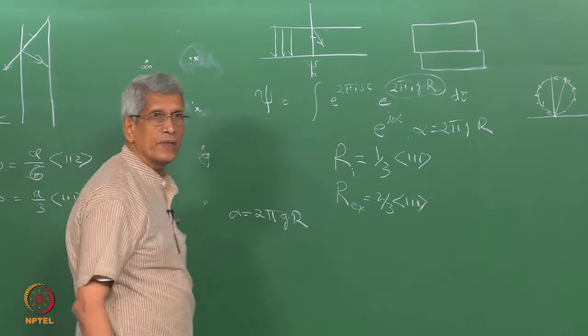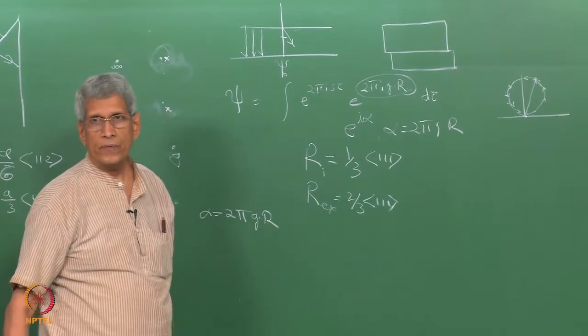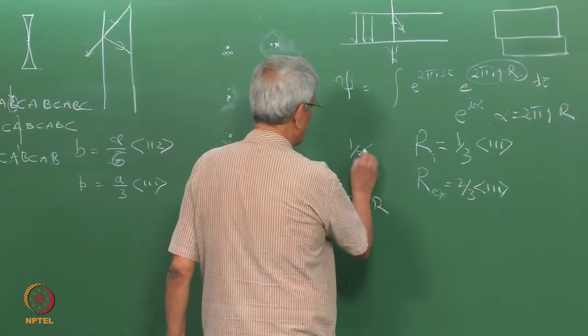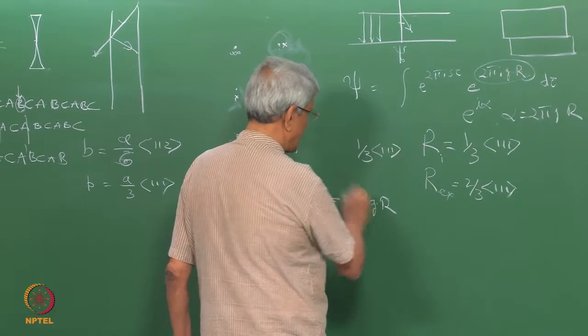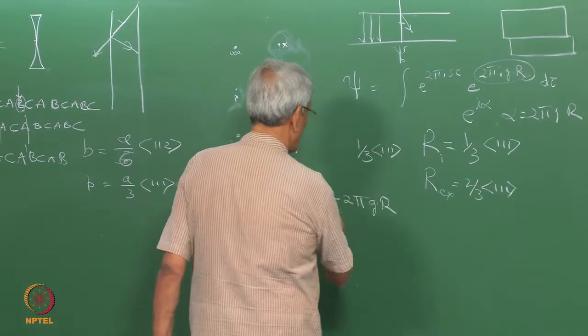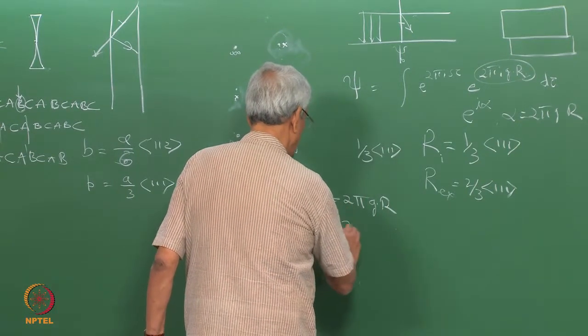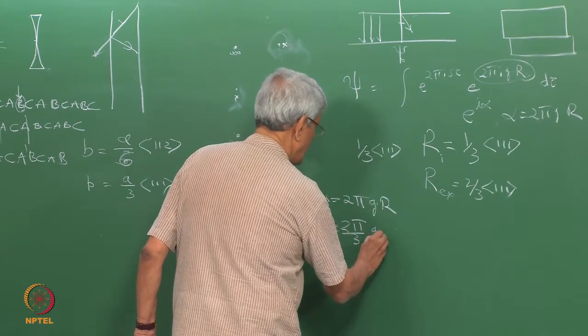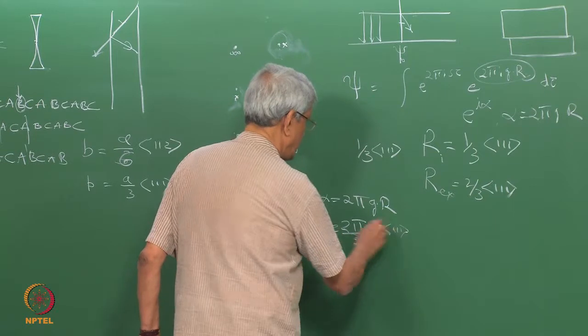What is r? r turns out to be 1 by 3 <1 1 1>, the fault vector. So, you take the dot product. So, alpha will be equal to 2 pi by 3 into g dot r, this is what it is going to be.